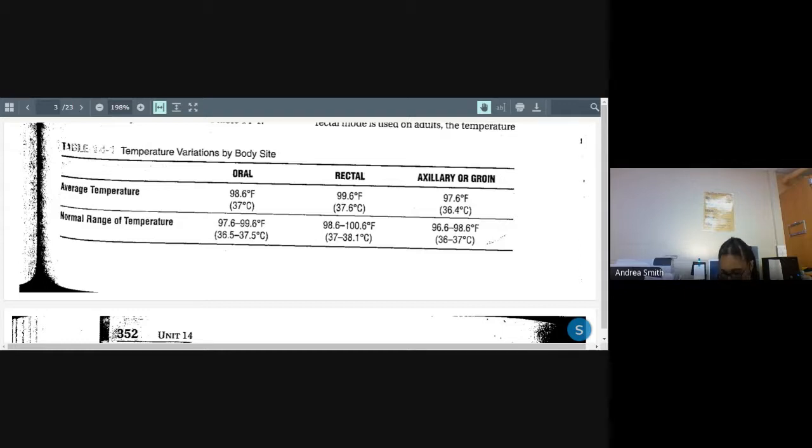Teenagers. Why? Because like my temperature is 97. Yes, but how do they take your temperature? Infants and toddlers, they use axillary. Yeah, I was thinking the old people.